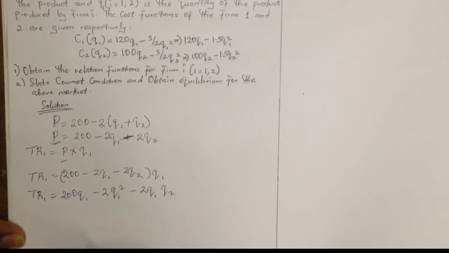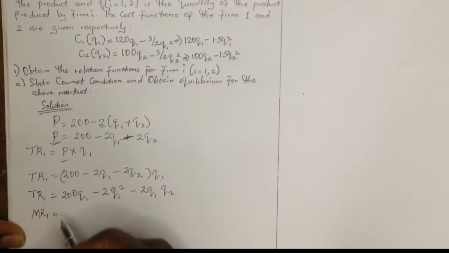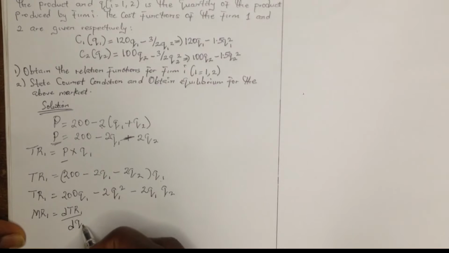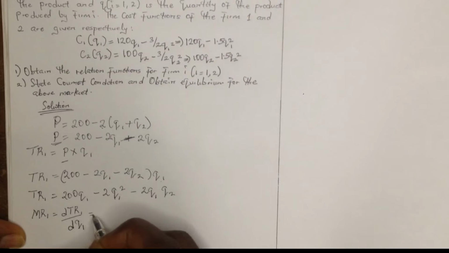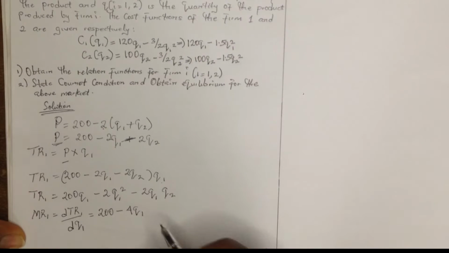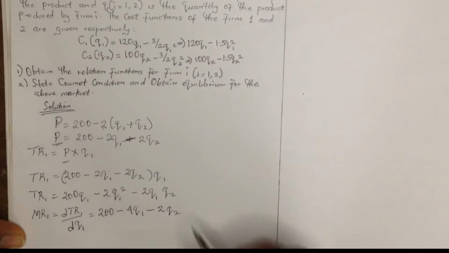Now we find the marginal revenue. The marginal revenue for Q1 is the derivative of TR1 with respect to Q1, which is 200 minus 4Q1 minus 2Q2.